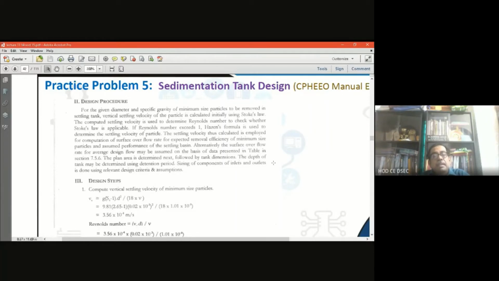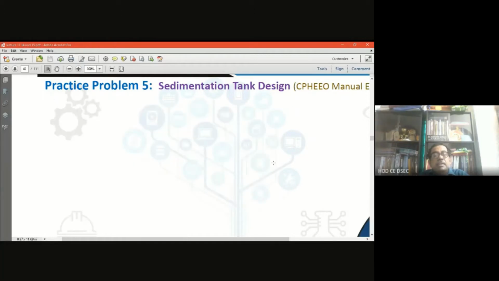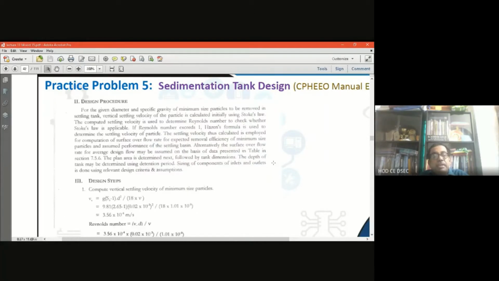Given the diameter and the specific gravity of the minimum size of the particle to be removed in the settling tank, the settling velocity of the particle is calculated using Stokes law. In every problem that we have seen, the computed settling velocity is used to determine the Reynolds number to check whether Stokes law is applicable.